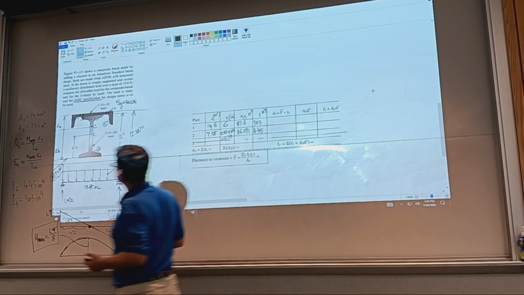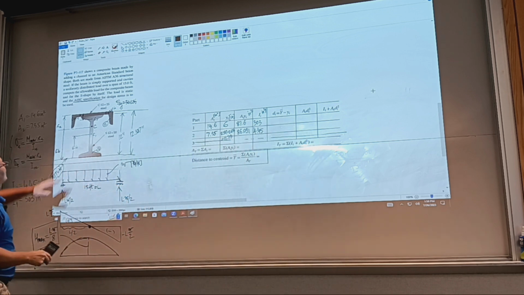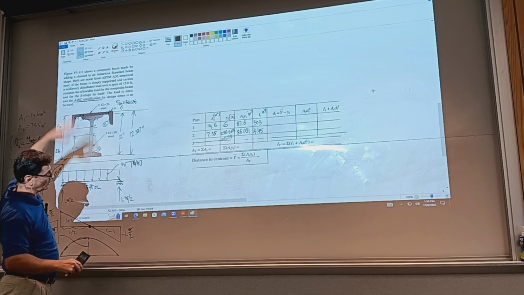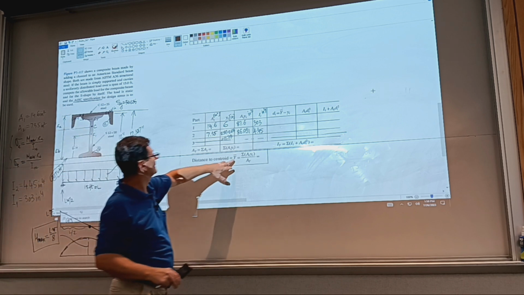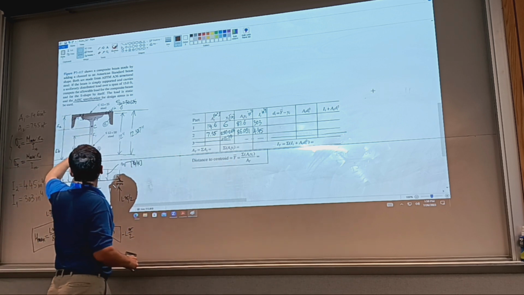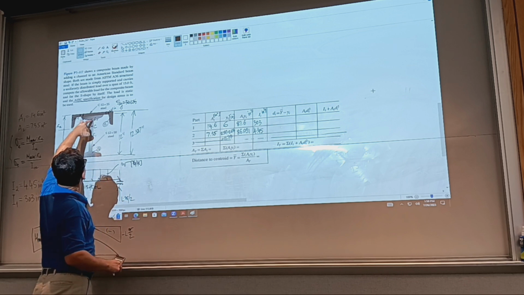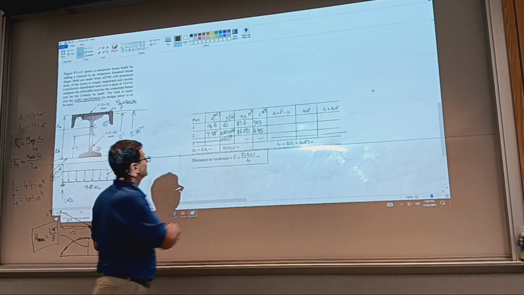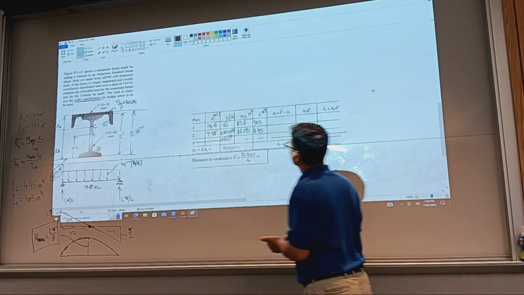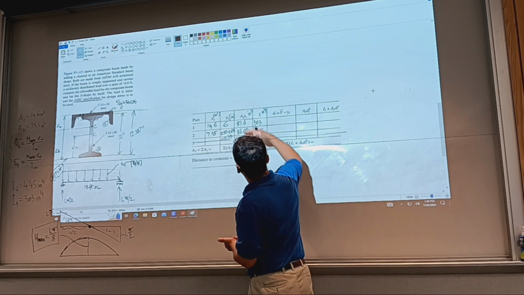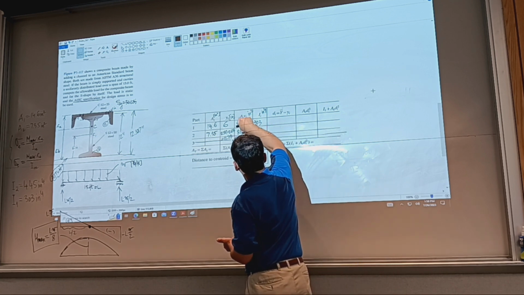They are the distances from the overall centroid, which I haven't calculated yet, to the centroids of the individual pieces. So we need to calculate this now. We take the sum of these two.